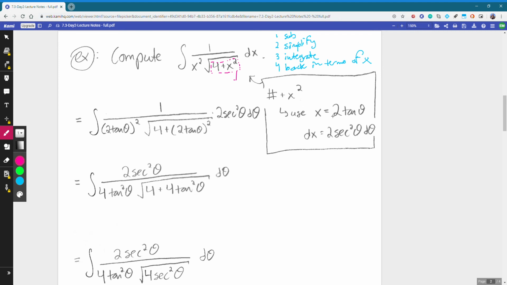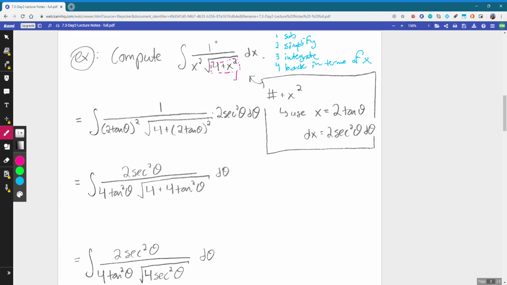We need to scale it by 2 so that when we get squared, we match this 4. And taking the derivative here, we see that dx is 2 secant squared theta d theta.